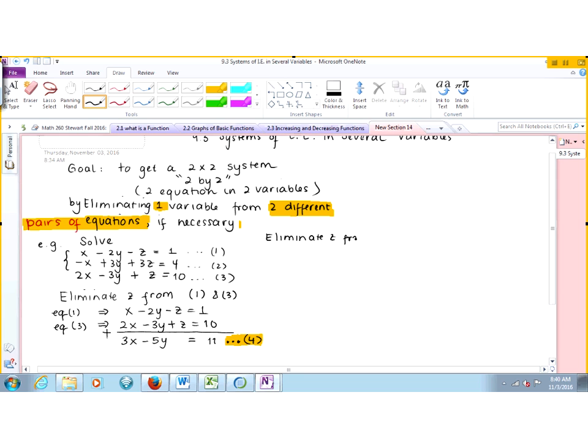Okay, so this time which equation do you choose? 1 and 2. So this is what I mean by eliminating one variable from two different pairs. You eliminate one variable from the first pair and you do the same thing to the second pair. So equation 1, what do we do to it?